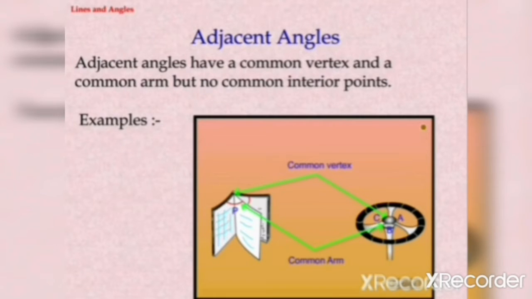When you open a book, it looks like this. Here we find a pair of angles placed next to each other. And look at the steering wheel of a car. At the center of the wheel you find 3 angles being formed, lying next to each other. These are adjacent angles.